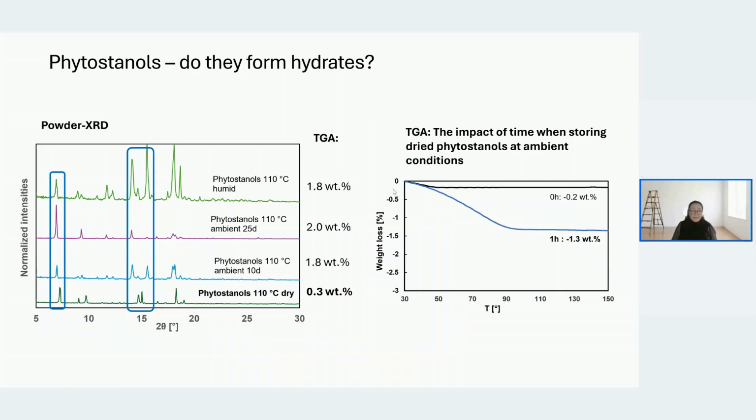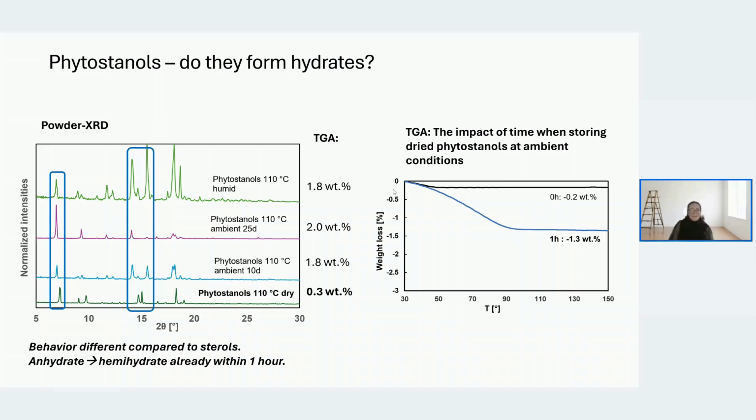And the same material already within 1 hour contained 1.3 weight% moisture. So this clearly indicates, first of all, that the behavior is very different when we compare to the sterols, but also that this anhydrate structure starts to change to hemihydrate already within 1 hour. So this is really, really different compared to sterols.